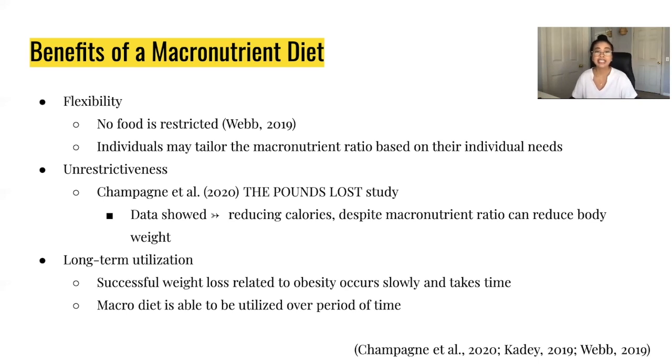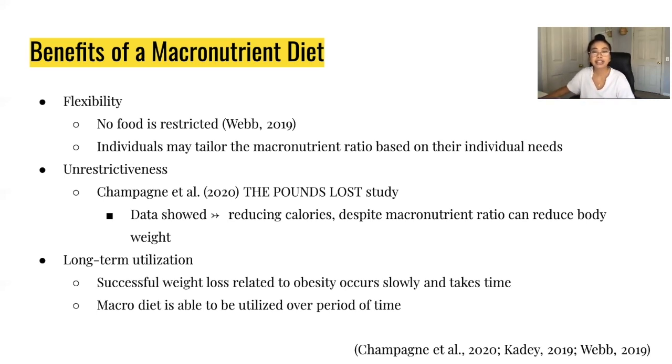And at the end of the study, the data revealed that reducing calories despite macronutrient ratio can reduce body weight. Thus, obese individuals may tailor their macronutrient composition to a ratio that benefits them the greatest without avoiding certain foods, especially those that they enjoy.